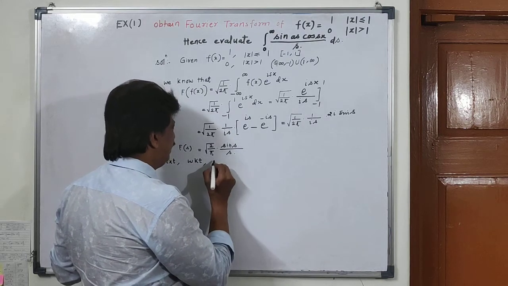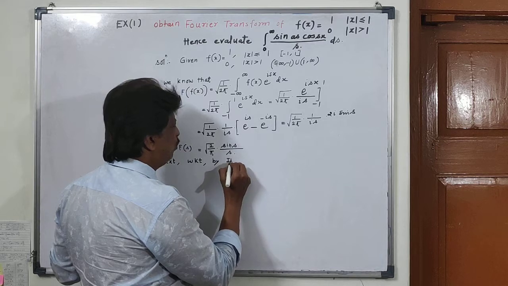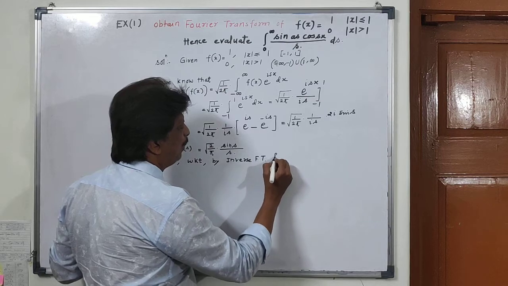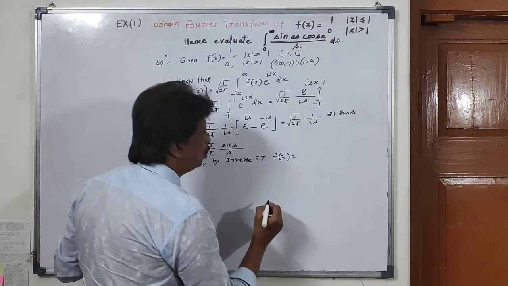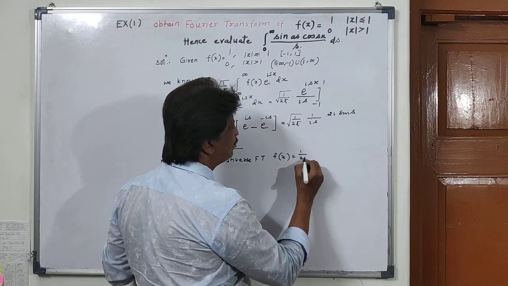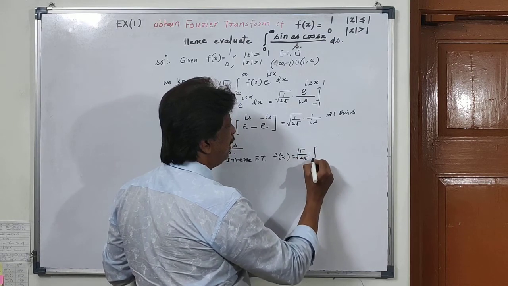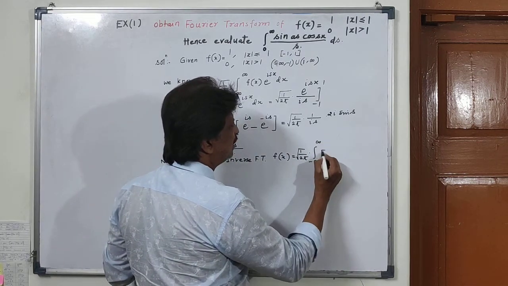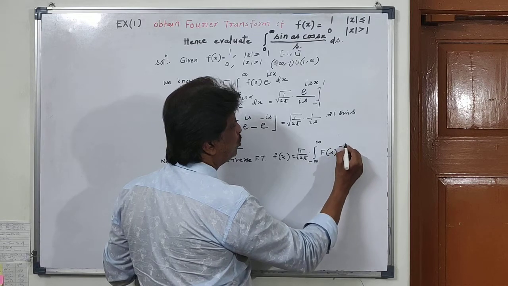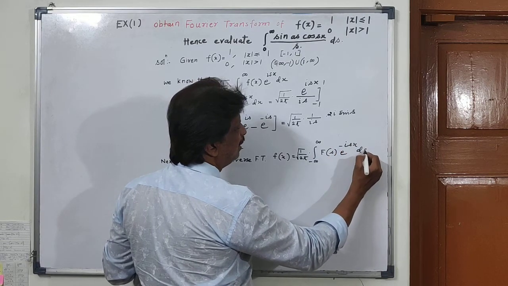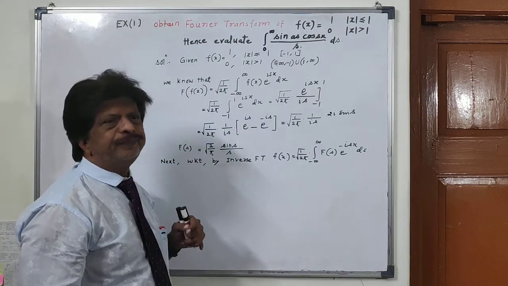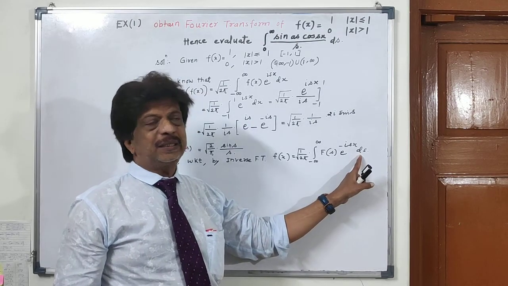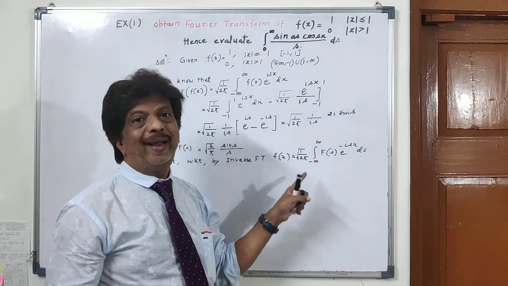Let me mention this: inverse Fourier transform, f of x is equal to root of 1 upon 2 pi integral minus infinity to infinity, this function f of s into e raised to power minus isx ds.